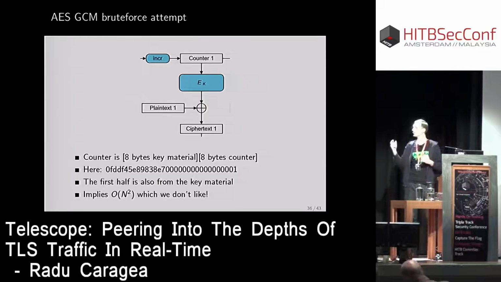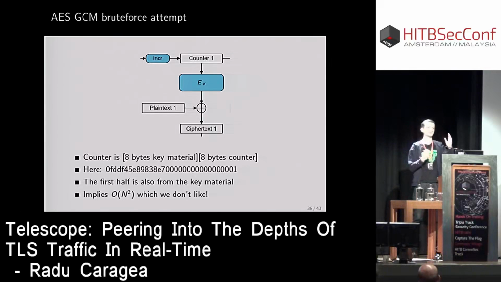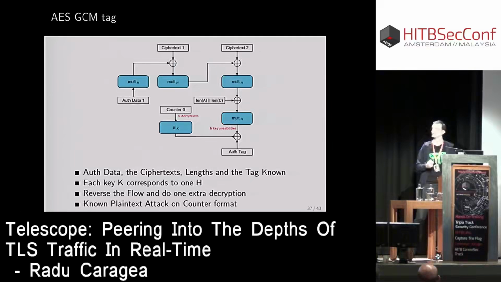But if you want to decrypt, you only know half of the plaintext. So you will have quadratic complexity again. And the counter is actually half random from the key material, half predictable. So quadratic complexity again.